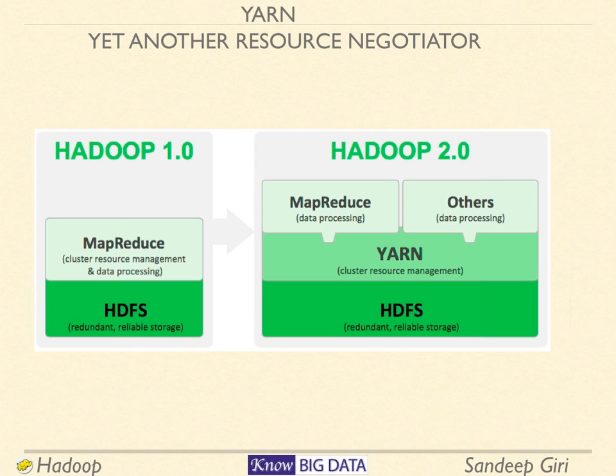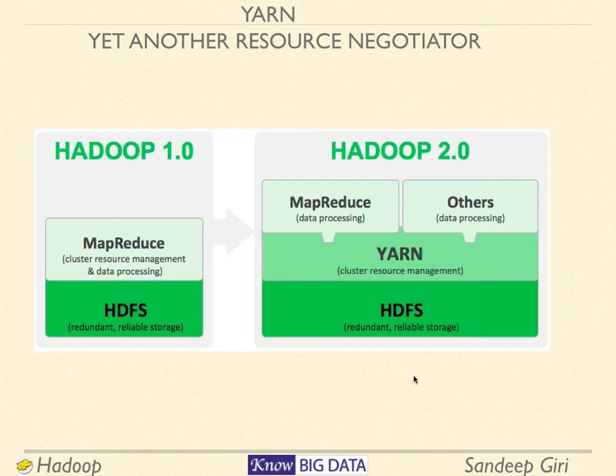So MapReduce sits on top of Yarn. It doesn't impact us as users much. Everything else remains the same, Gunjan.